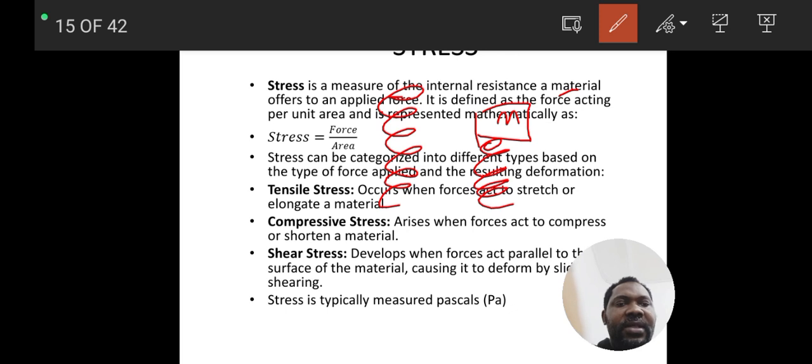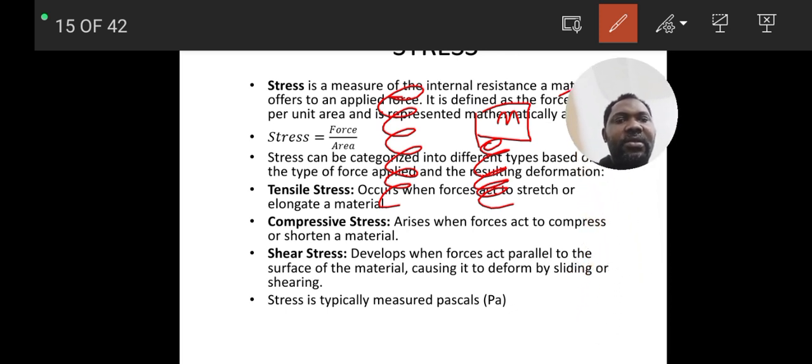And there's a third type of stress here. It's called shear stress. It develops when forces act parallel to the surface of the material, causing it to deform by sliding or shearing.